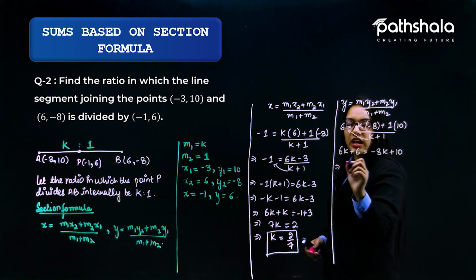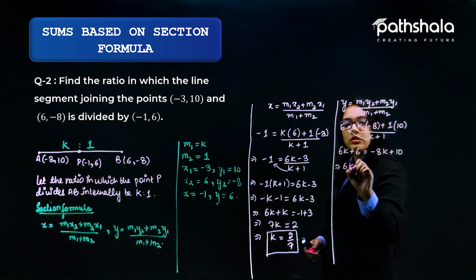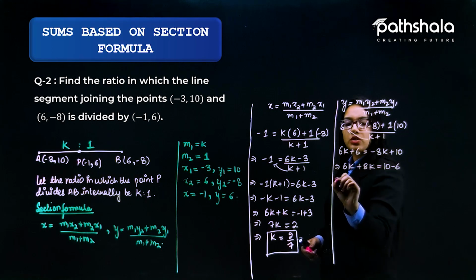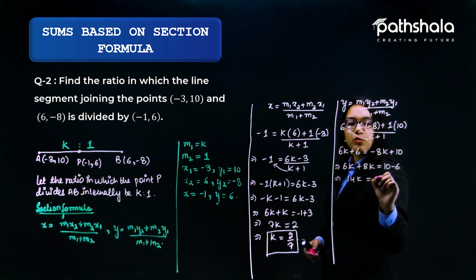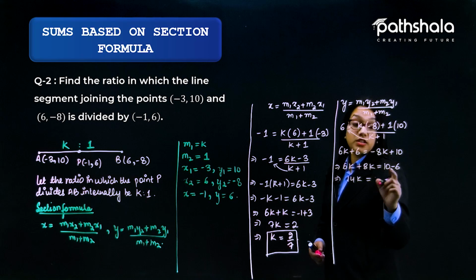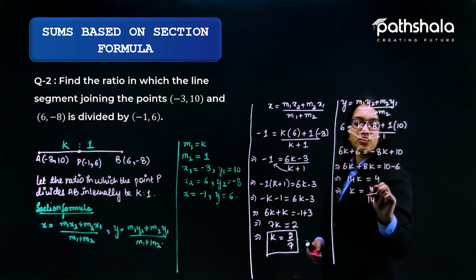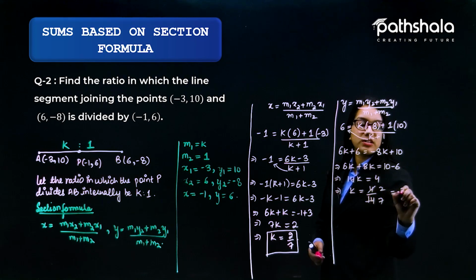Let's take k on one side. So 6k + 8k is equal to 10 - 6. So this is 14k, which is equal to 4, sorry, 4, not 7. So k is 4 by 14, which is 2 into 2 and 2 into 7. So this is again 2 by 7.